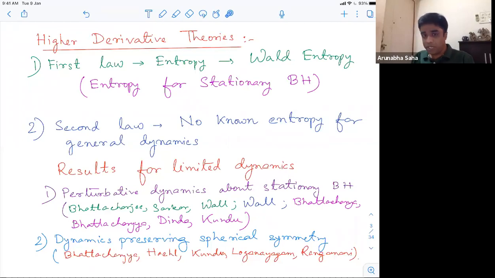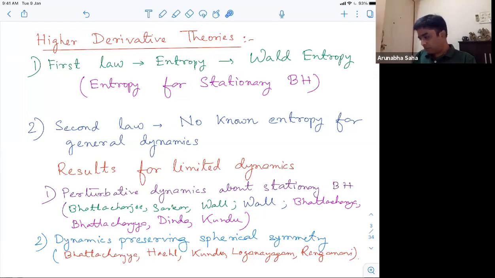Away from the stationary limit, but limited to linear order in the perturbative amplitudes, the entropy actually satisfies the second law. Also, for nonlinear dynamics, there is a special situation where the dynamics always preserves spherical symmetry.